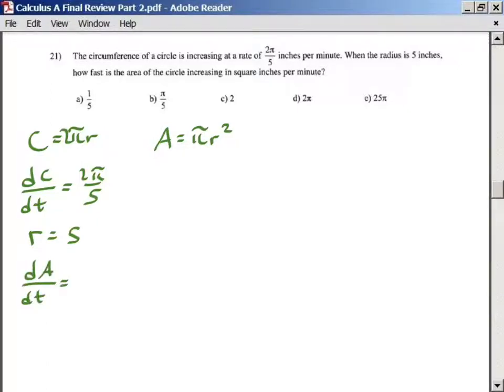That's what the question wants. How fast is the area increasing? The only rate that we do know is how fast the circumference is increasing. We don't know how fast the radius is increasing.